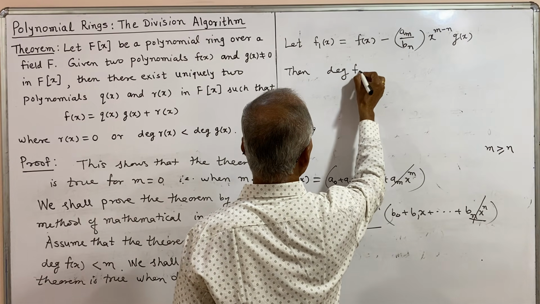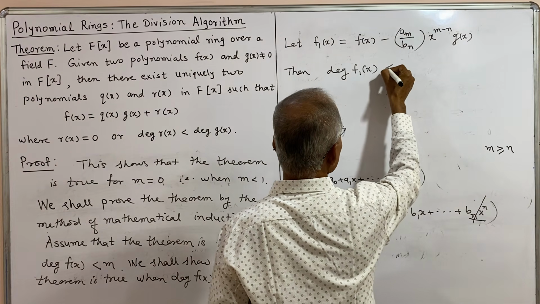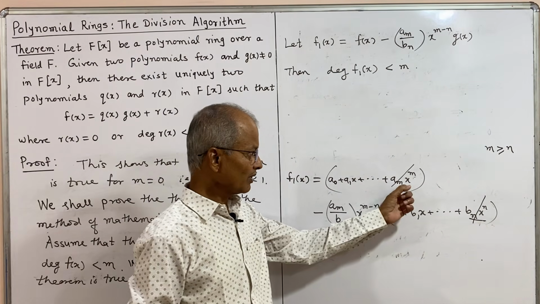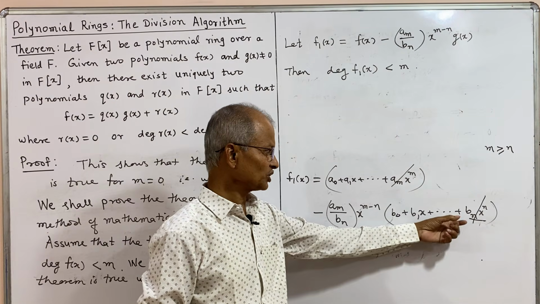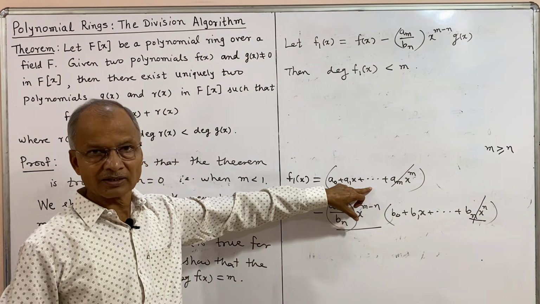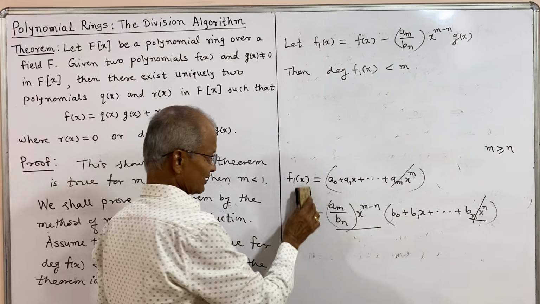Then the degree of f1(x) is less than m, certainly less than m, because the last term of this expression gets cancelled, and the remaining expression will have degree less than m. You may verify this.